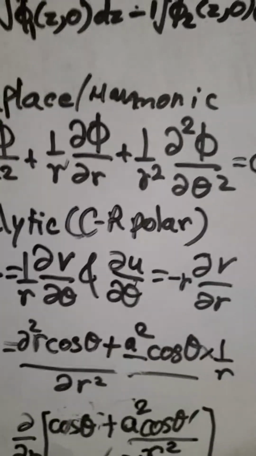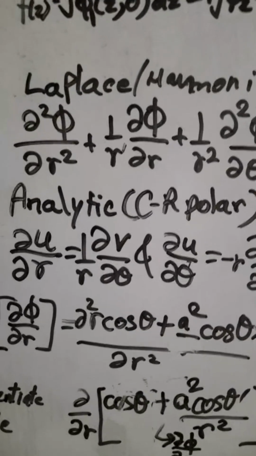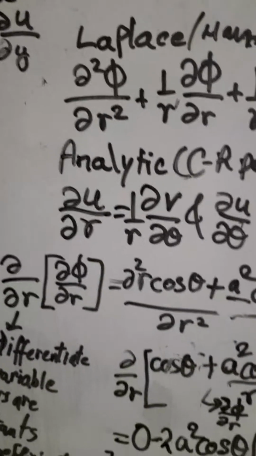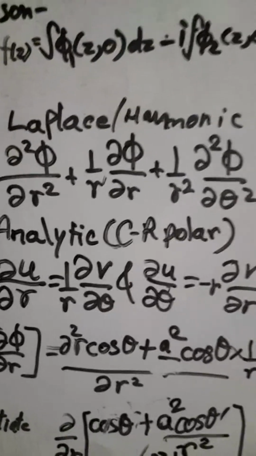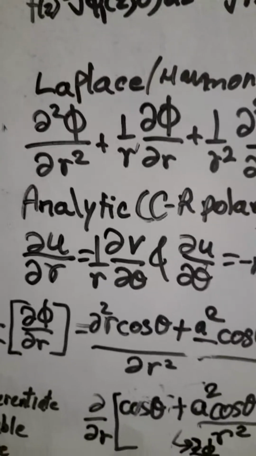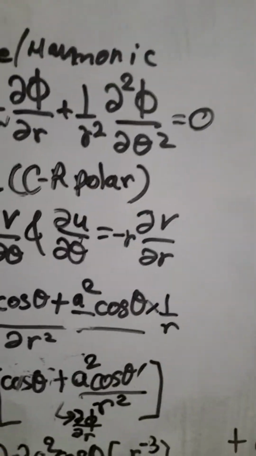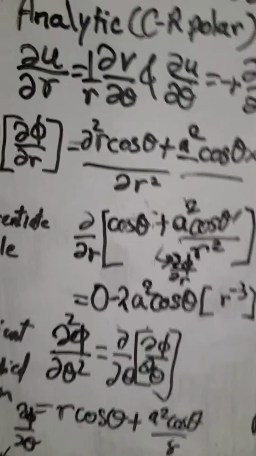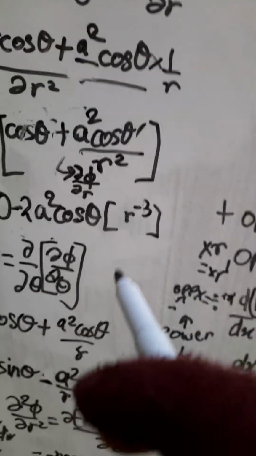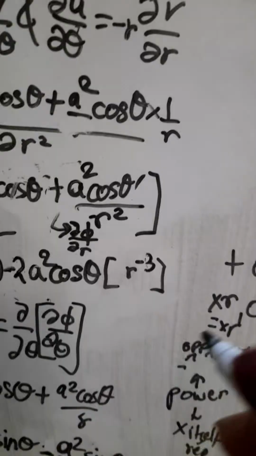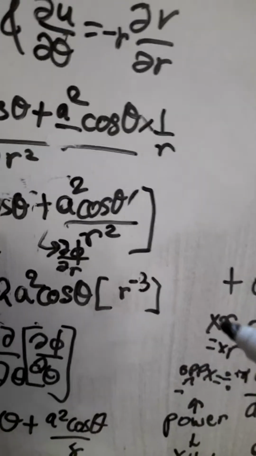Let's compare it to this function we have here. Okay, wait a second. We have to compare this equation. Do we have del square phi by del r square? We have it, which is 2a cos square theta by r cube.